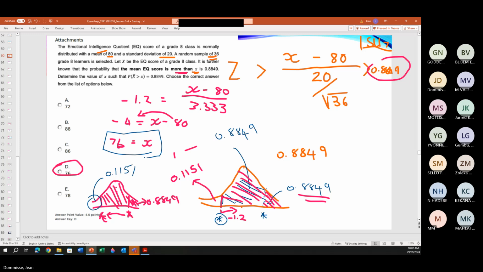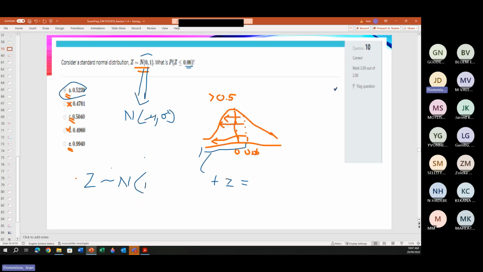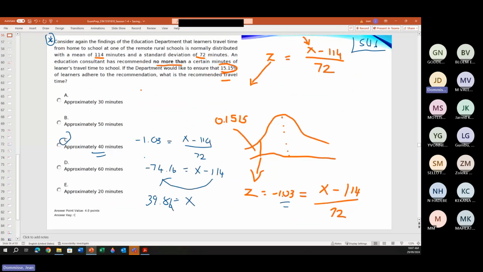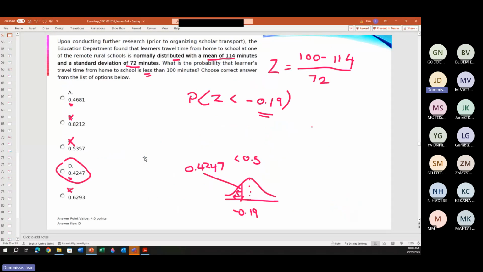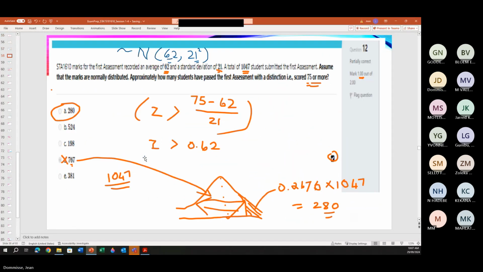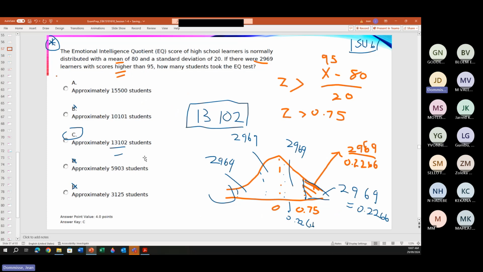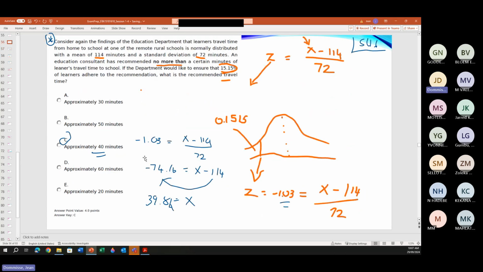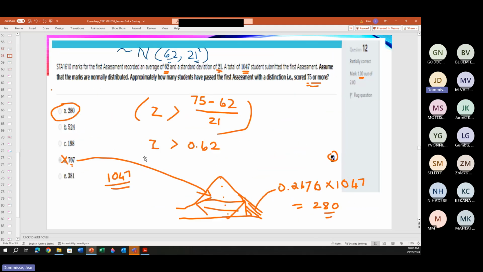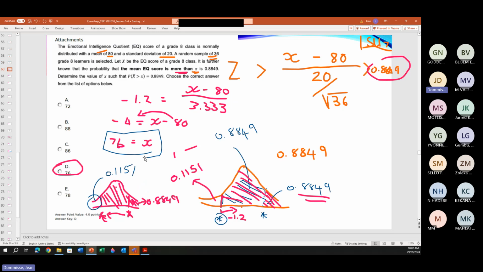Okay, so it is, in a sense, like we did in this one, or where was it that we needed to work out the X, so this one. But the big difference was in the wording, where they said that it must be more than, so important. The more than then tells us that my Z value is going to be negative.